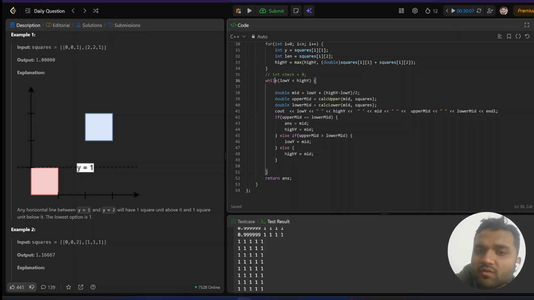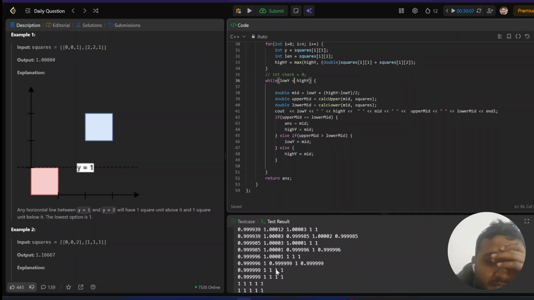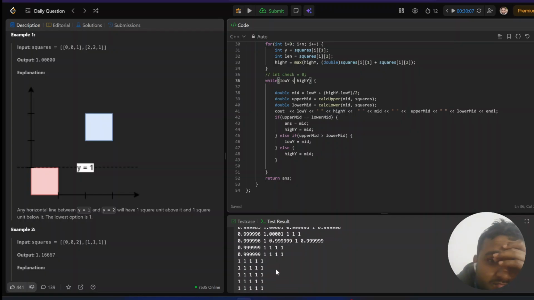But when low is equal to high, it should stop. Why are you not stopping, man? This is a double value. This is low, this is high, this is mid.